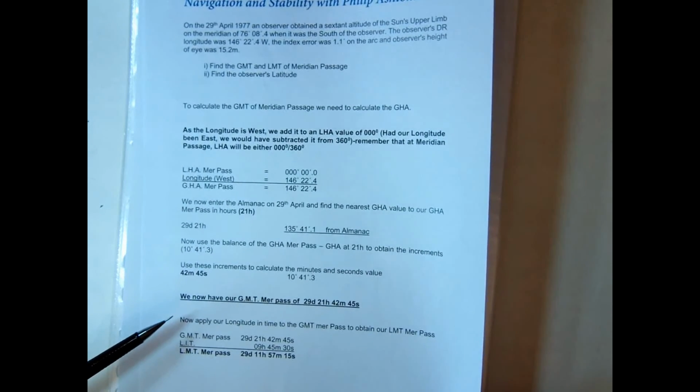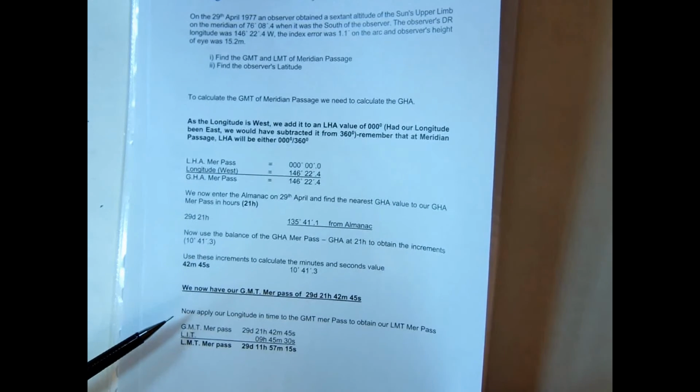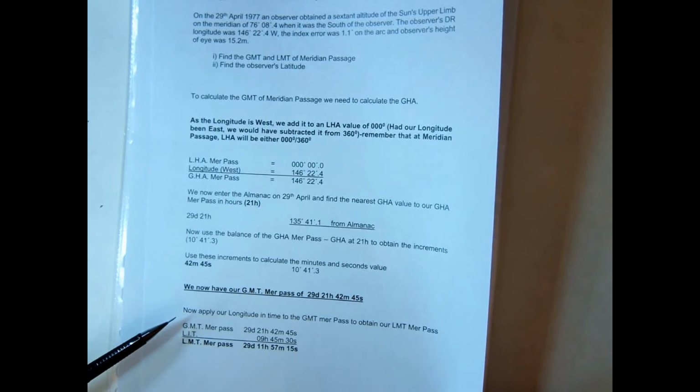Okay, now what about getting the latitude? To get the latitude, we'll need our declination. As we've got our GMT of meridian passage, we'll look up our declination, and I've written it there, and our declination is north. Then we calculate the true altitude. We're given the sextant altitude of the sun on the meridian.